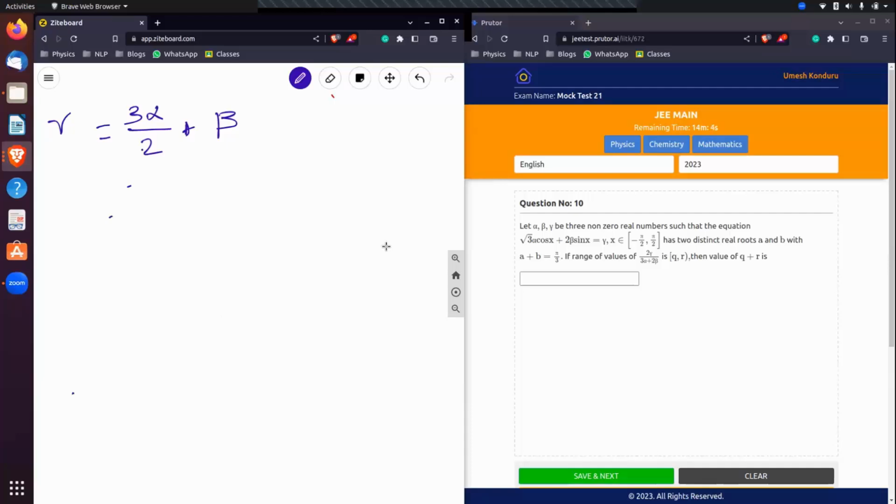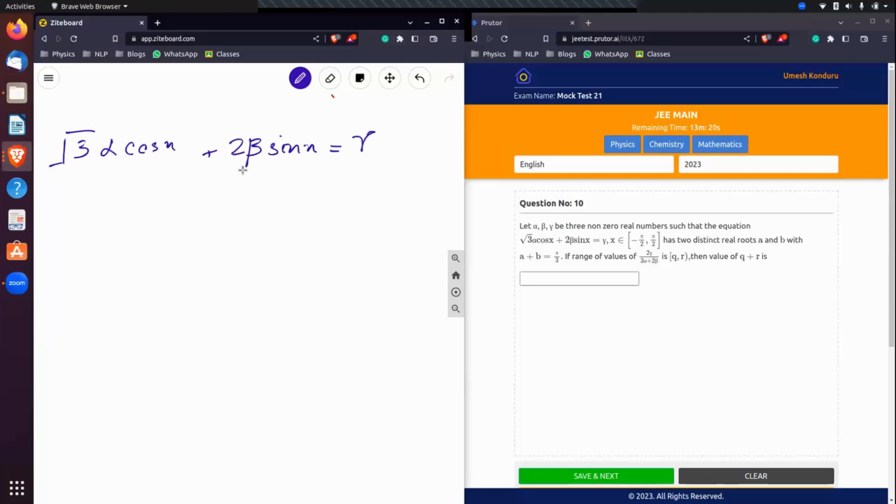But actually, now that I think about it, the function doesn't have to be 1 to 1. So if it isn't, then it will end up having more than 2 solutions. So let's just do it again.